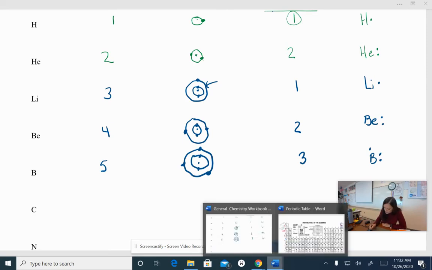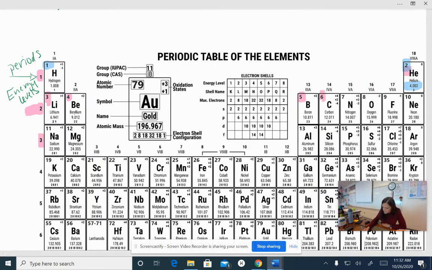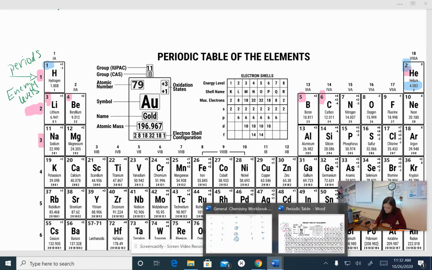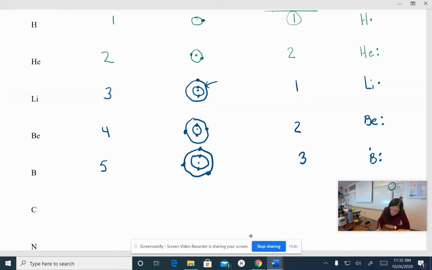Okay, let's do carbon. Carbon, 6 electrons. I'm still in that second energy level, so that 6th electron is going to go on that second energy level again. I'm going to have my nucleus, my first 2 electrons from hydrogen and helium, then lithium and beryllium and boron, and now carbon.